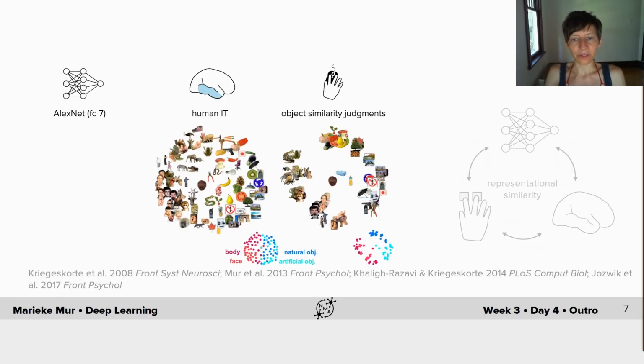The two representations, brain and behavior, have multiple features in common. For example, both show a tight cluster of human faces and a category division between animates and inanimates. Consistent with this observation, the Spearman correlation coefficient between the brain and behavioral RDMs is 0.39, which is significantly different from 0. These results suggest that objects that elicit similar response patterns in IT are also perceived as similar.